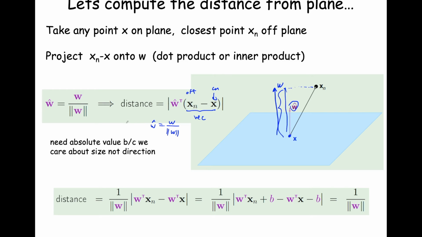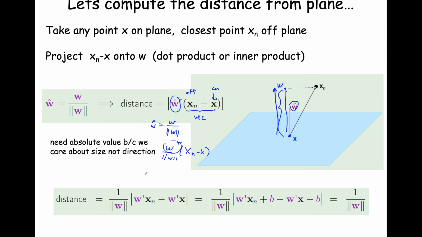Okay, so now that being the case, let's actually compute this w hat transpose times xn minus x. So we have our w over magnitude of w, and we multiply that transpose times xn minus x. So we distribute that w transpose through that parenthesized quantity, and we get 1 upon the magnitude of w times w transpose xn minus w transpose x.